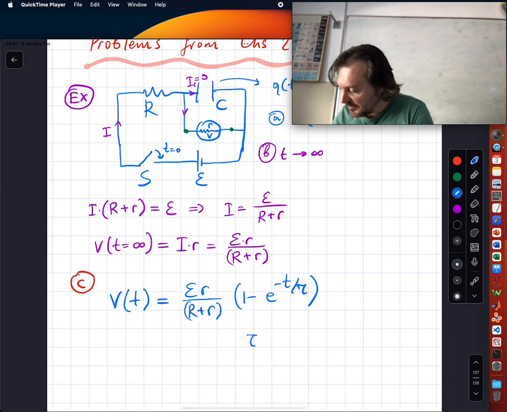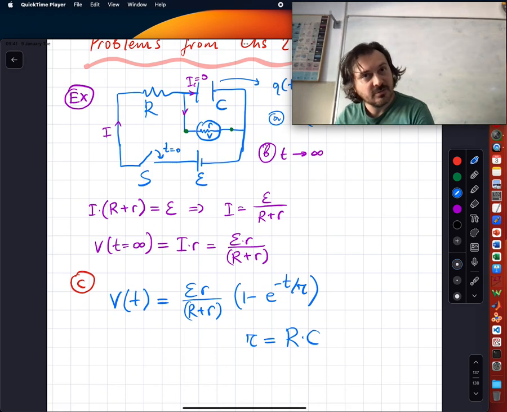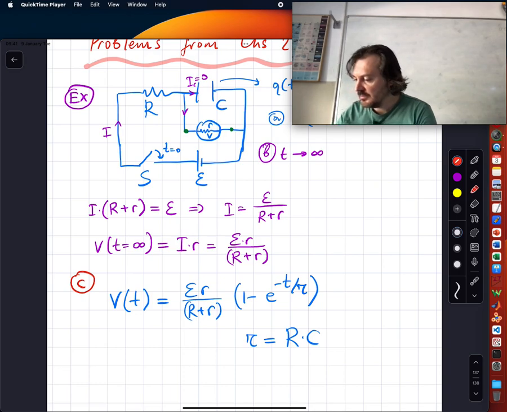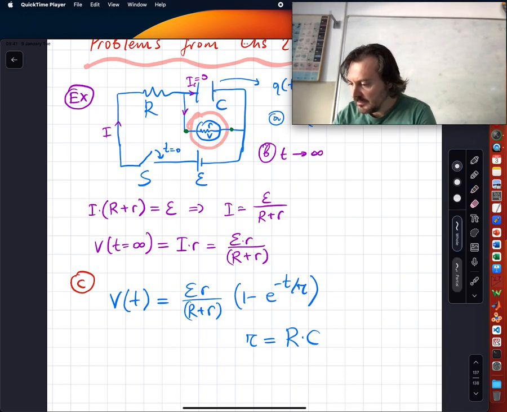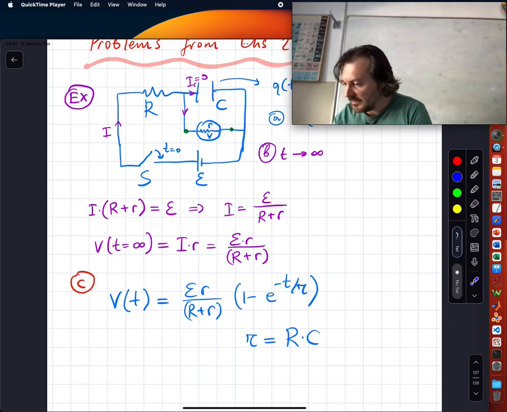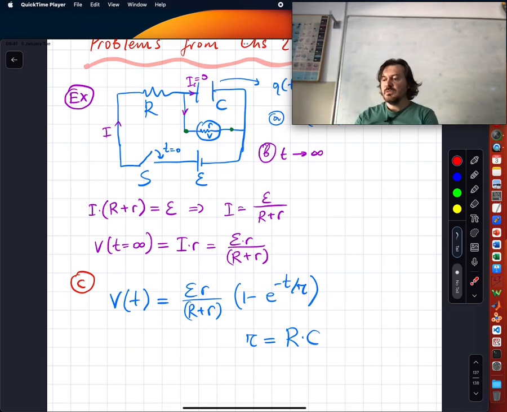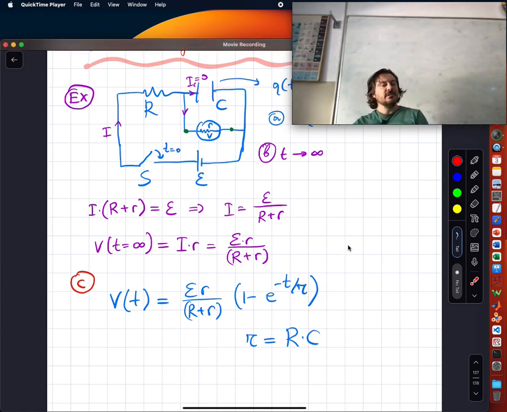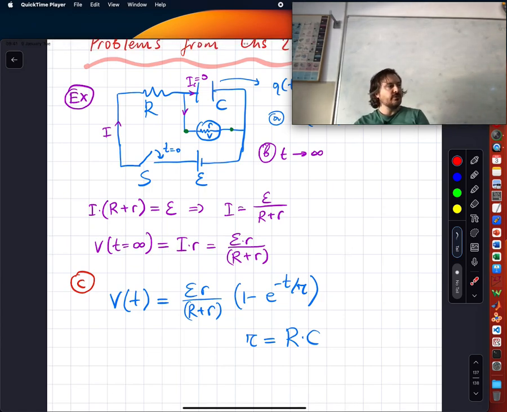So you are claiming that tau is R times C, right? But it is not, because of this one. Because of that one, yes. So the system has yet another R, but then the question is how that R gets introduced here.